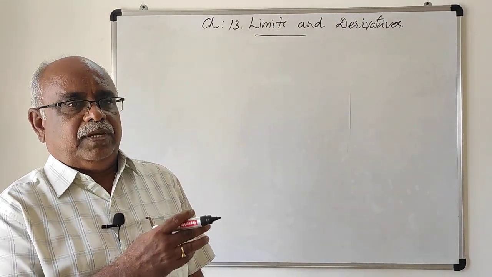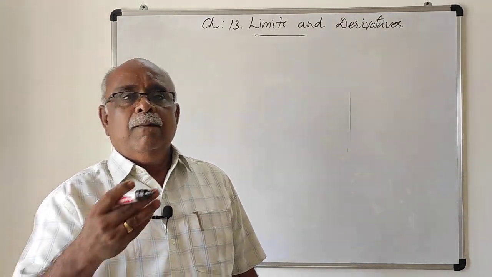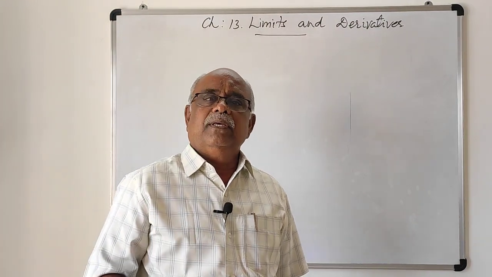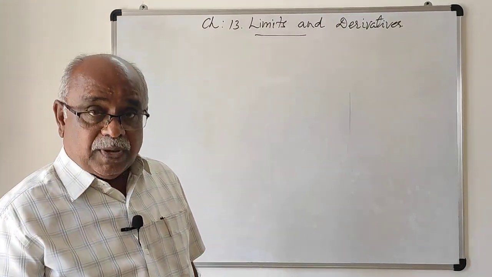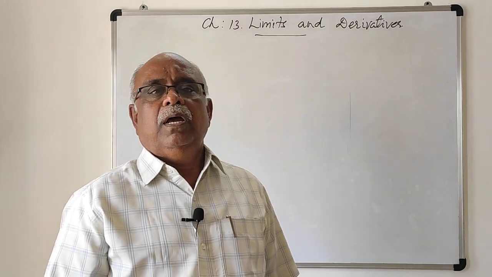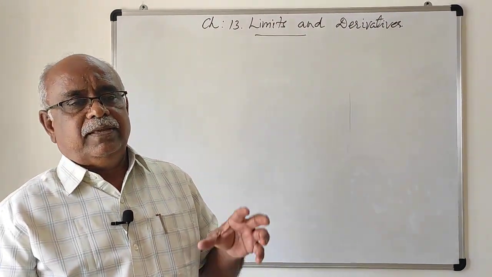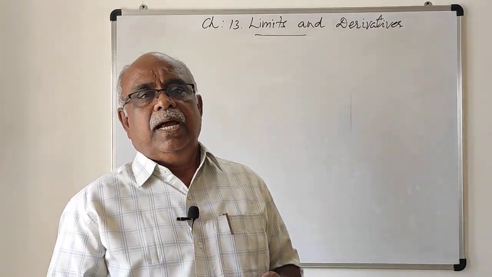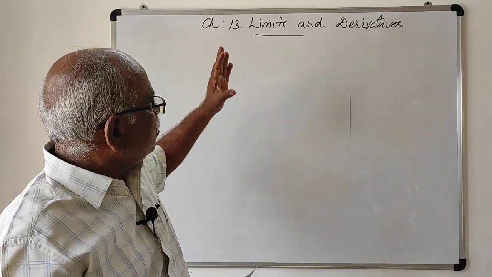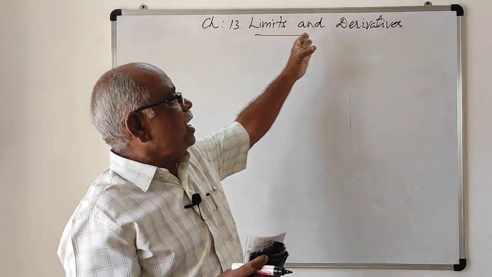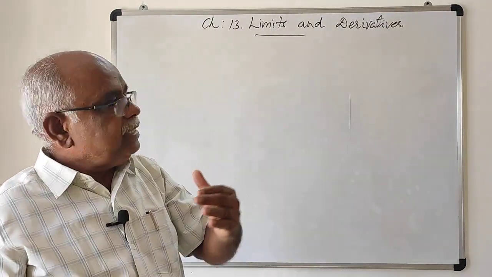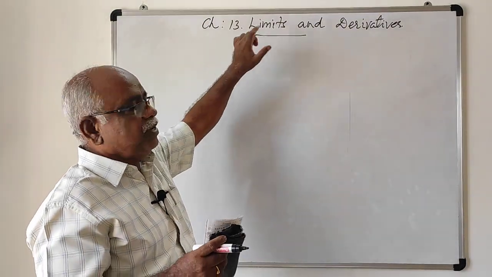Like that, calculus is used in mathematics, physics, chemistry, economics, business mathematics, statistics, and so on. It is a very important area, and in that area, our 13th topic is limits and derivatives, and first I am going to give the definition of limits.